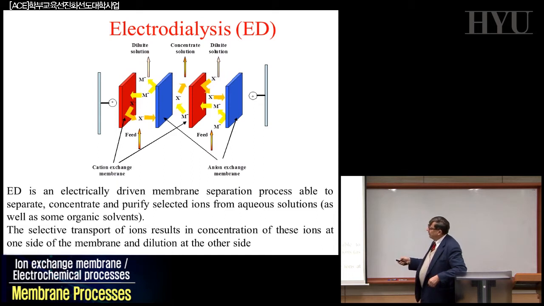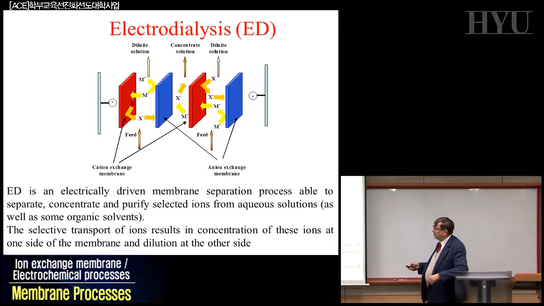Now, what happens here? We have been creating a difference in voltage. So if you are entering here with seawater, you have positive ions and negative ions. Sodium chloride does not exist as such; you have sodium ions and chlorine ions in the system. Now, the positive species, sodium, will just migrate in this system to the negative electrode.